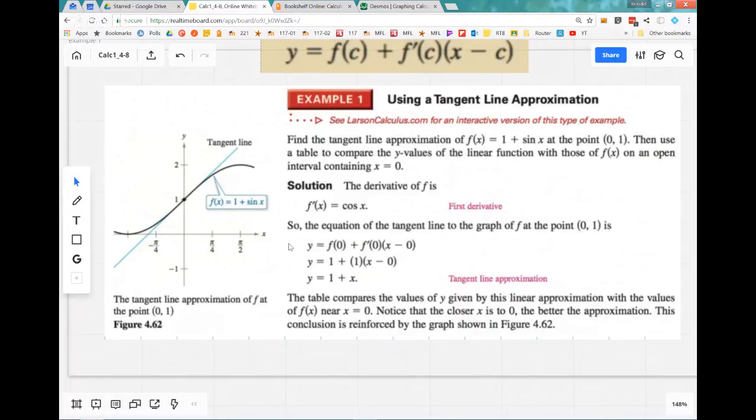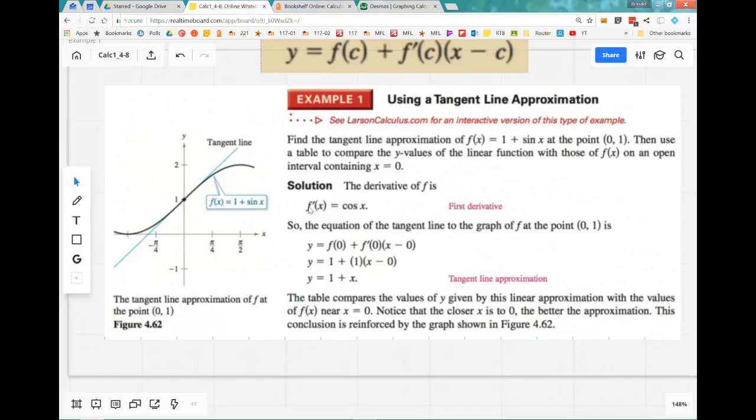So if you look at the picture here, the black is the curve, and the point 0, 1 is right here. So what's the derivative of 1 plus sine x? The derivative of 1 is nothing. The derivative of the sine is the cosine.